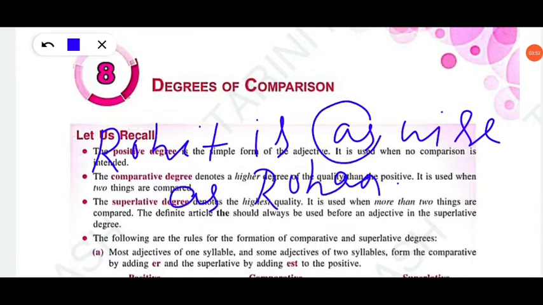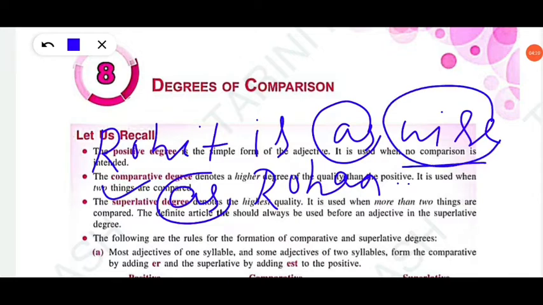Here you find as, that means Rohit is wise, Rohan is wise, they are of the same degree. Here comparison is made between two, but the positive degree is used, not the comparative degree. So don't write Rohit is as wiser as Rohan. This will be wrong, because the performance is the same. This is the positive degree: wise, not wiser.